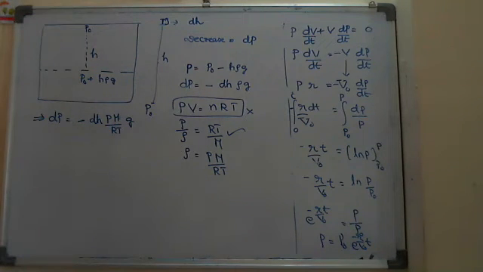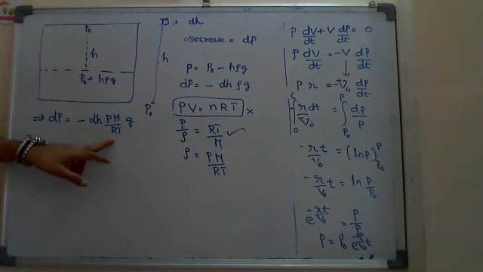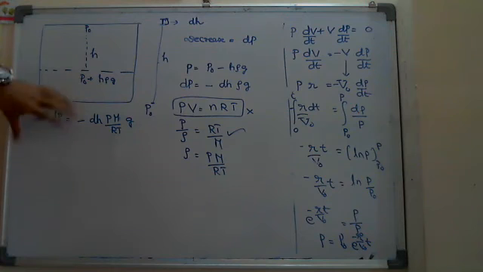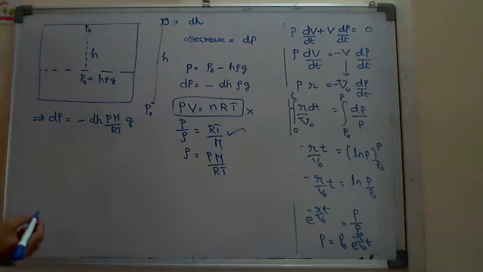Look here, M is the molecular weight, that does not change. R is constant, and I am taking temperature constant. Why? Because if I take many variables, I can't find the answer. Keeping the temperature constant, of course, here M, R, T, g are all constants.